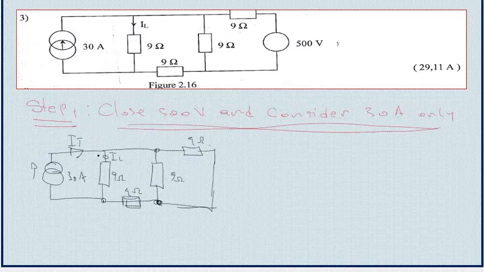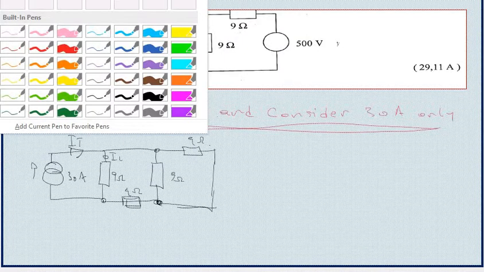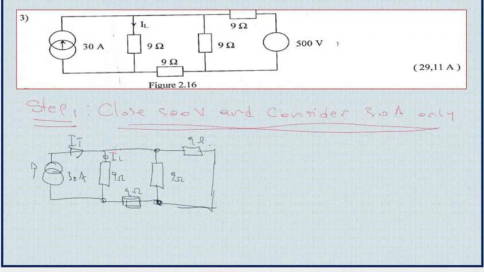So we have the main branch, which splits into two branches. We have the first branch and the second branch here, but I'm concerned with finding the current in the second branch, the branch where we have to determine the line current.